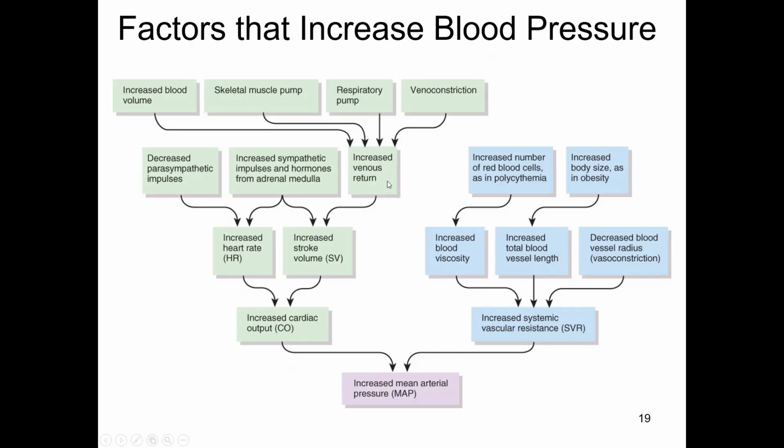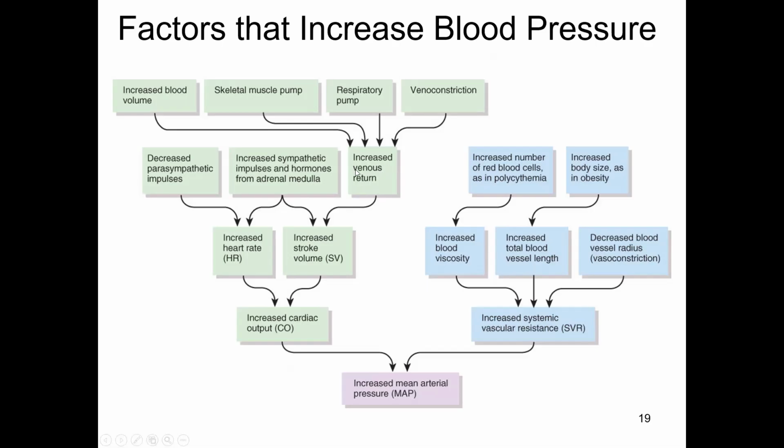You can look back in that lecture slide on heart. So what would change the volume of the ventricle? What would stretch, in this case, the right ventricle? And this is increased venous return. Increased volume of venous blood coming to the right ventricle.